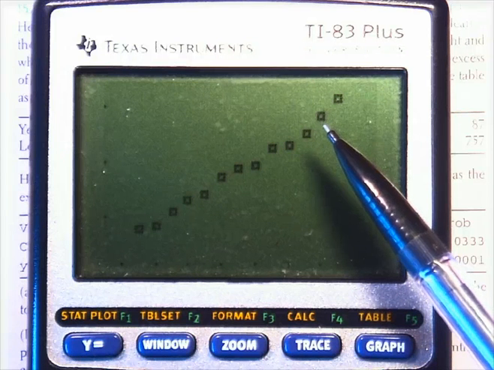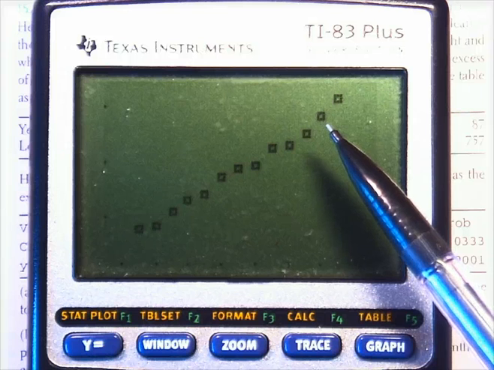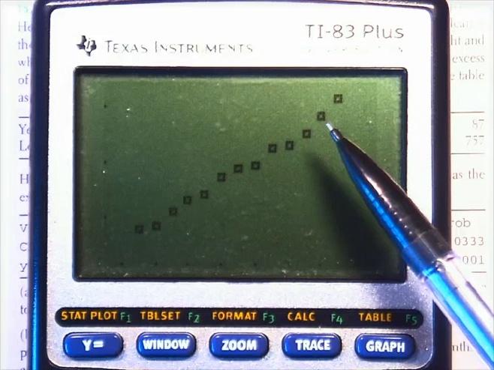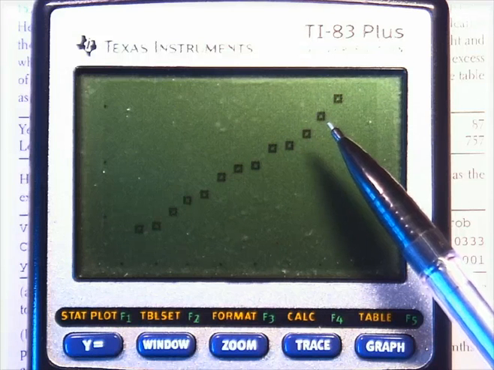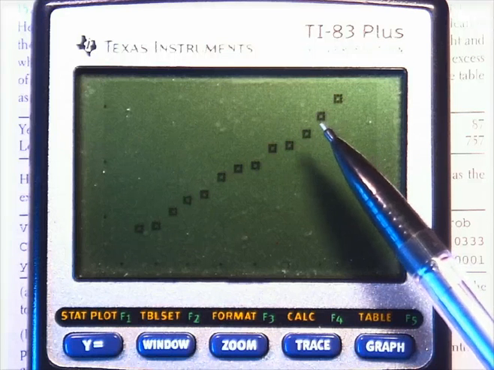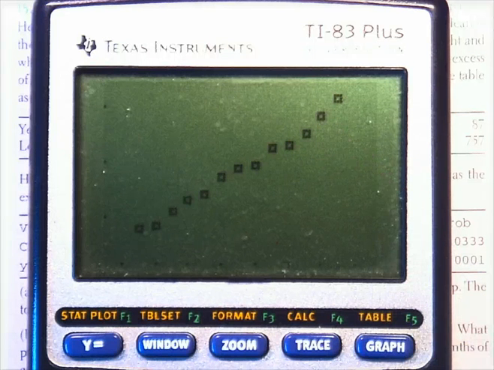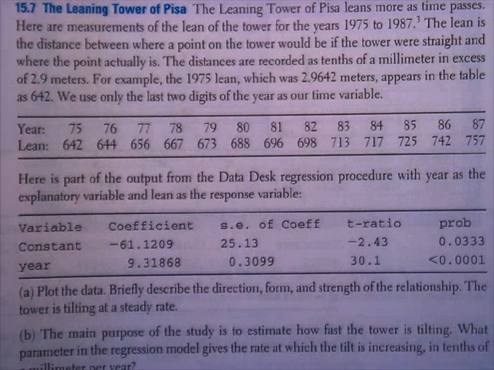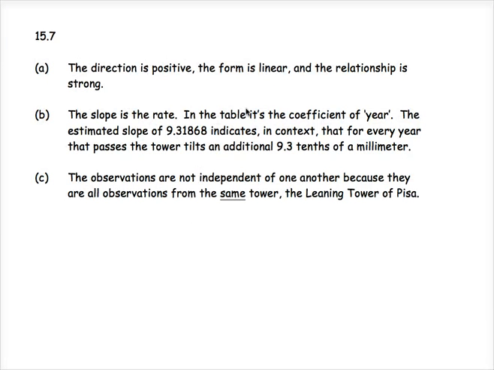In terms of its strength, this is a relatively strong relationship because the points in the scatter plot really tightly lie along a pretty specific line. So direction positive, the form is pretty linear, and it's a relatively strong relationship. So that's what you're asked to write about in part A of the question. Again, this does not have to be a long, complicated answer. Here's my answer for A. The direction is positive, the form is linear, the relationship is strong.